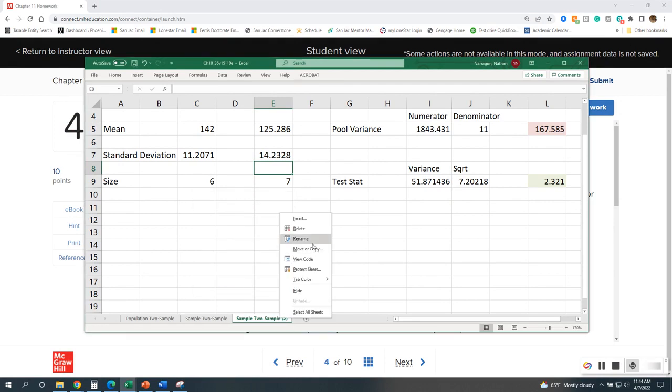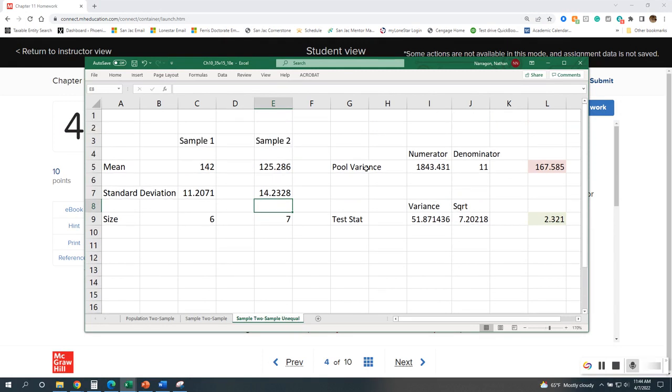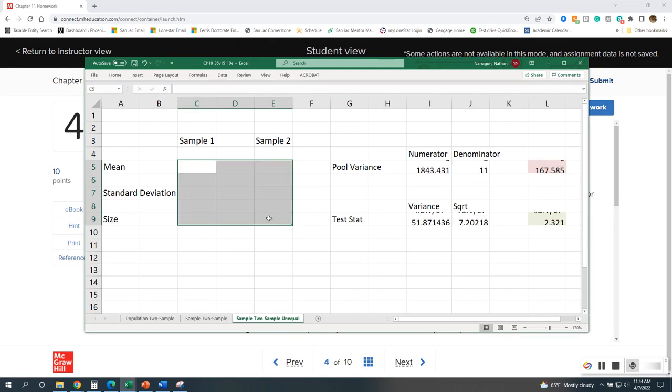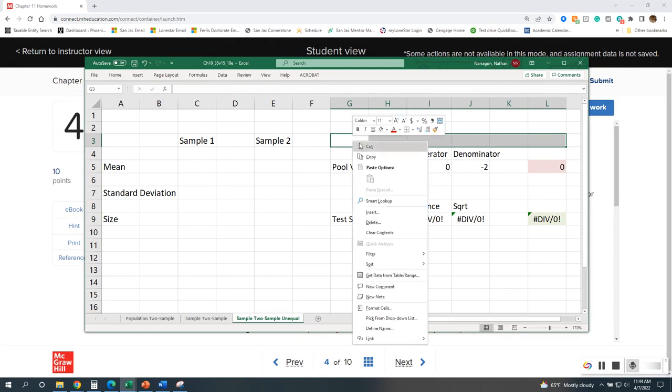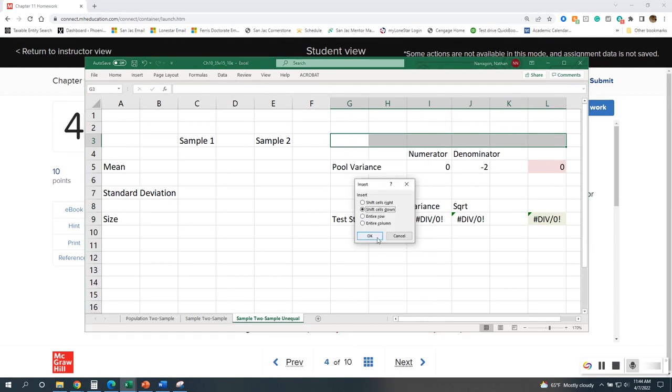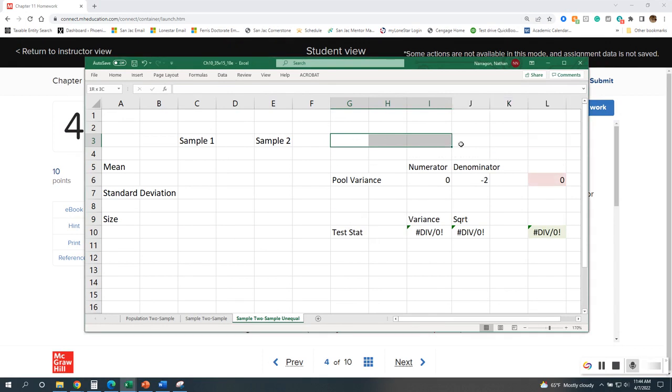I'm going to rename it to unequal, because we may need to use different formulas, and we have degrees of freedom now. So I want to delete those, and we're going to shift everything down a couple.